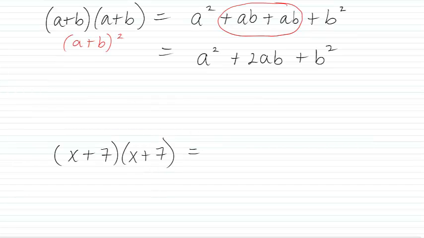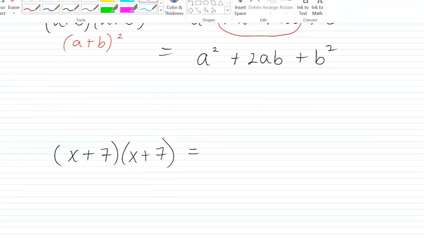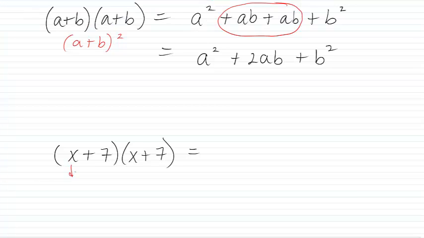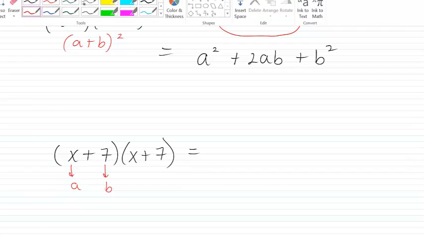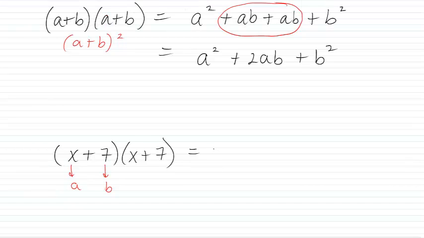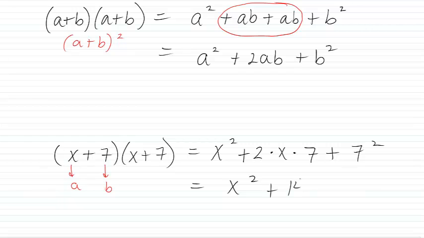So let's apply this pattern now to this problem. In this case, again, a is x and b is 7. So I'm going to have x squared plus 2 times x times 7 plus 7 squared. When I simplify, I get x squared plus 14x plus 49.